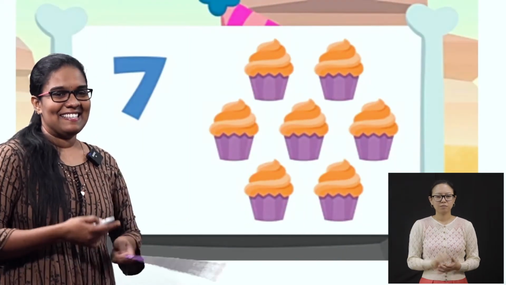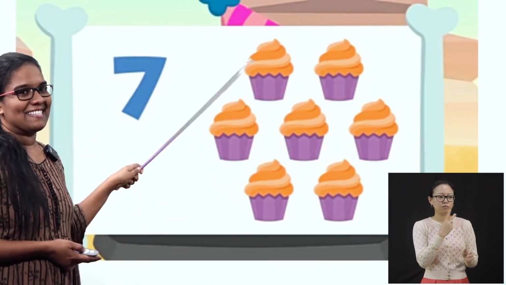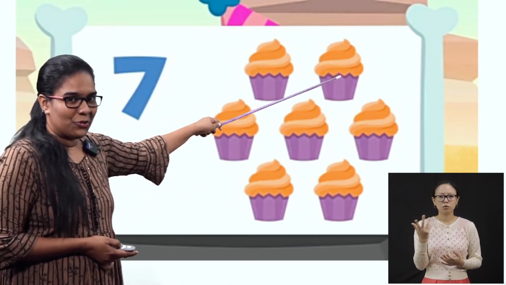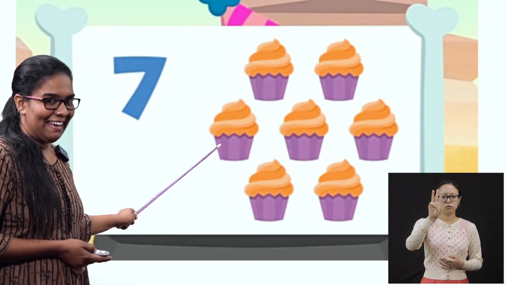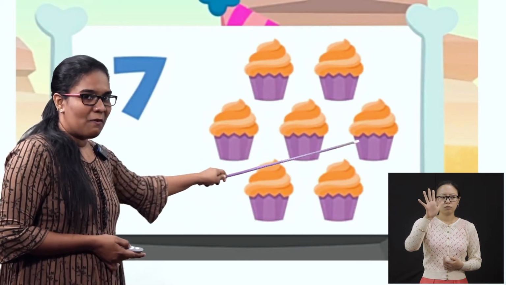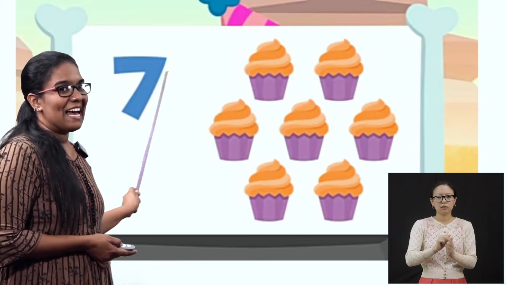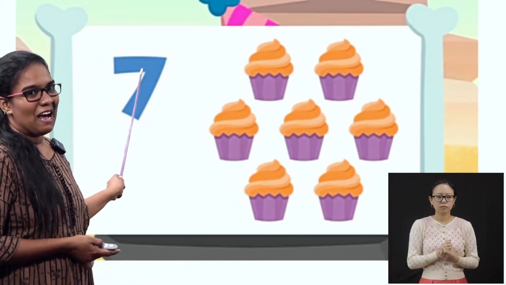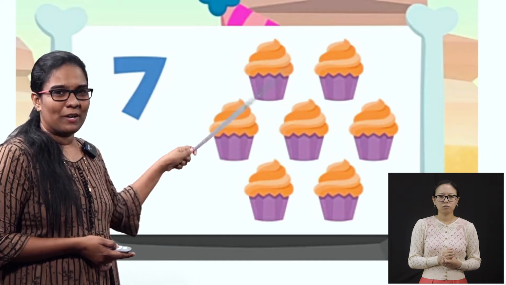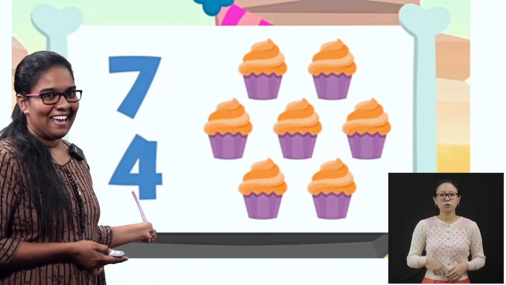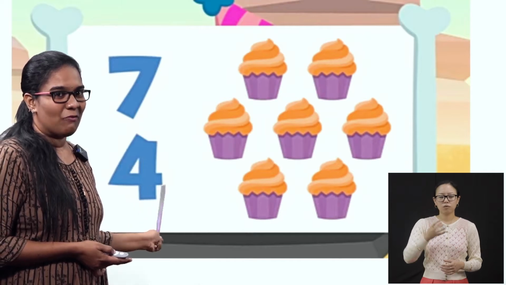Yes. Then tell me, how many cupcakes are here? 1, 2, 3, 4, 5, 6, 7. 7 cupcakes are here. I am so hungry, so I am going to eat 4 cupcakes.